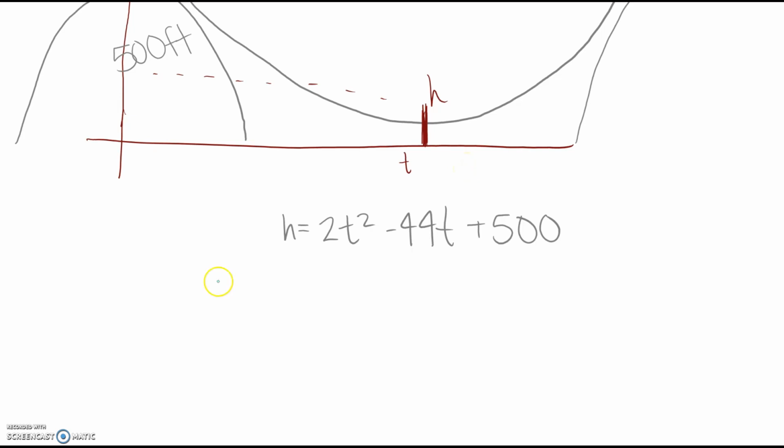So I'm going to start by subtracting 500. Now before I complete the square, I've got a leading coefficient, so I need to factor that out.